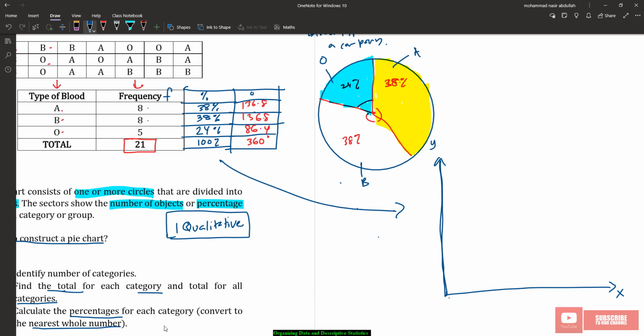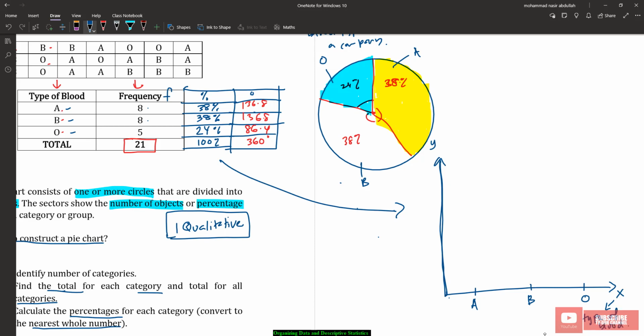For a bar chart, every category, blood type here, should always be on the x-axis, unless you are doing a horizontal bar chart, then it should be on the other side, just transposed. So these are the blood categories A, B, and O. This one should always be renamed as type of blood.